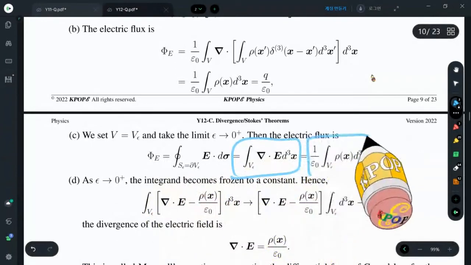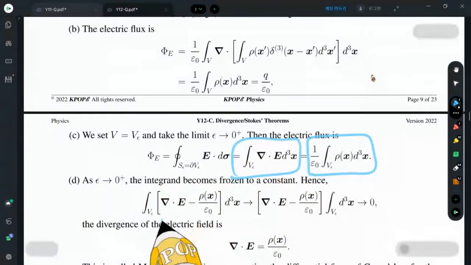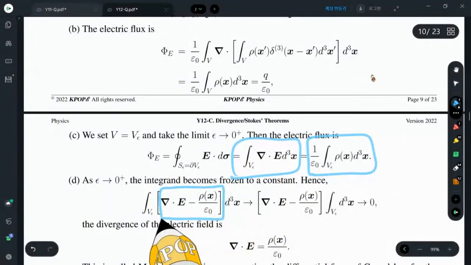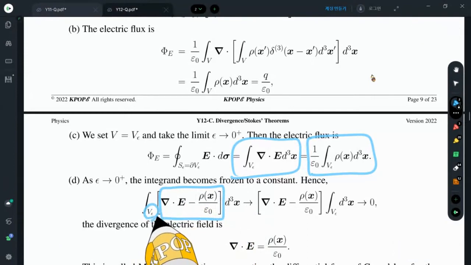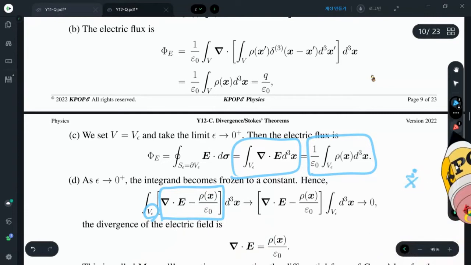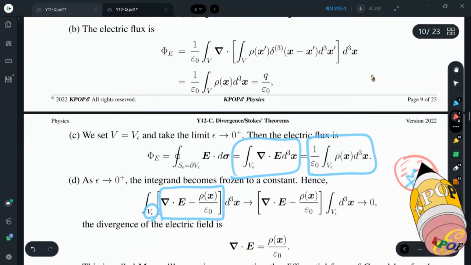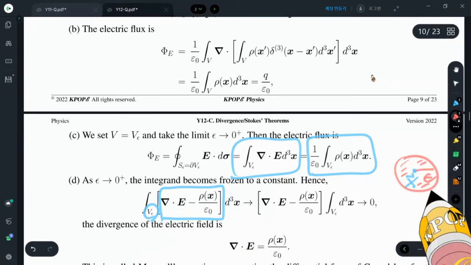This integral is identical to this, and we subtract this. Then the integrand is like that. We shrink the volume very tiny at point X instead of the origin. Choose the tiny radius epsilon and consider this a tiny sphere.